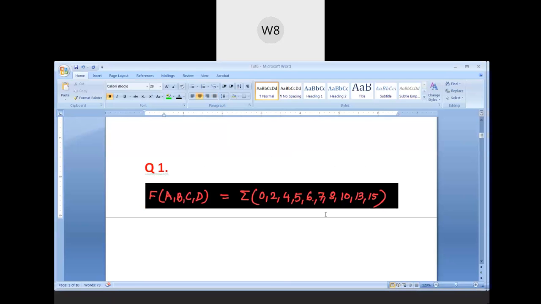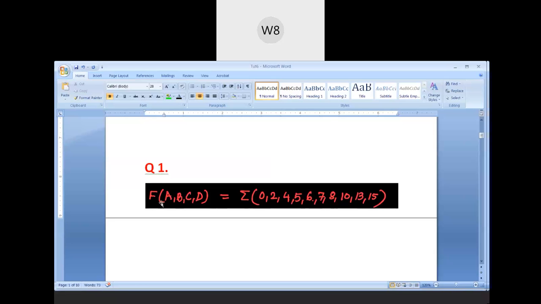So first, here we have a function. You can see 4 variables A, B, C, D, and this has been given in what is called sum of min terms. So these are the various min terms corresponding to which the function will have value 1, otherwise it will be 0.